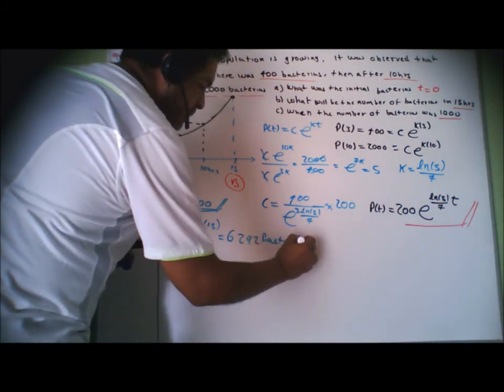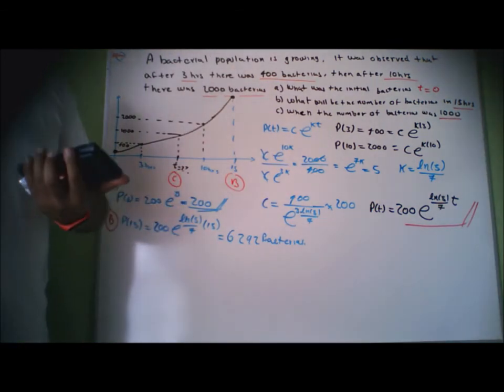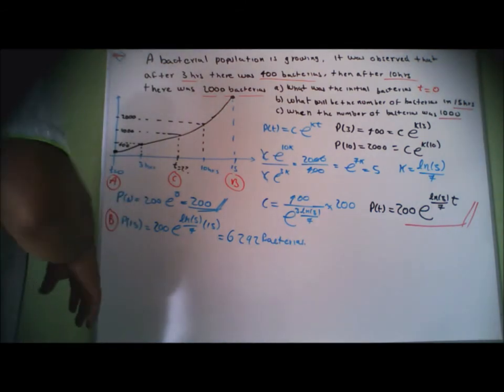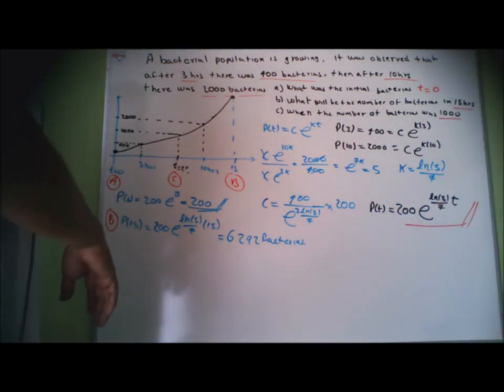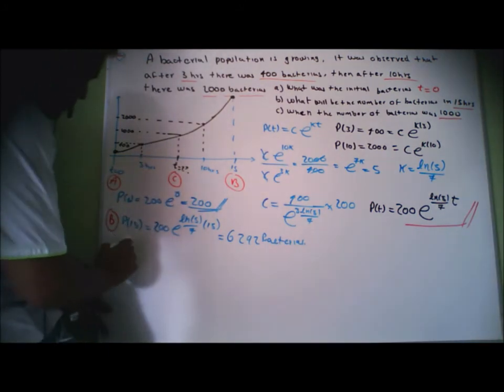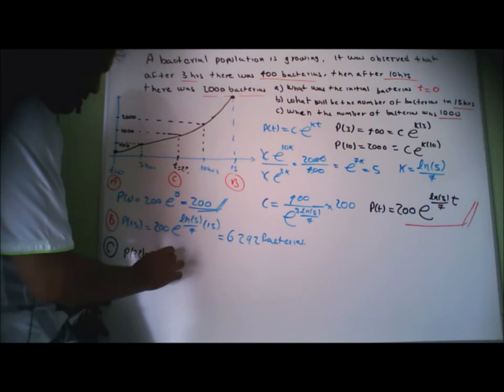Okay, inciso C. Well, inciso C is more tricky because they are giving you the number of bacteria, and then you have to calculate the time. So what they are asking is, what will be the time so that the number of bacteria is 1000.